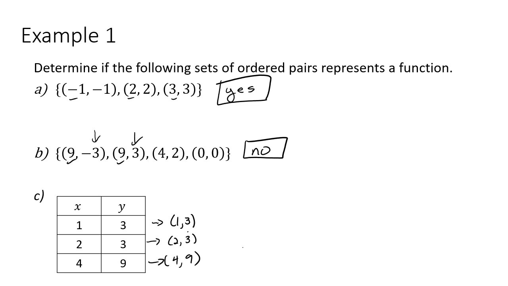And you'll notice that the 3's repeat in this case, but that's fine. All we care about is, do the x's repeat with different y's? And because 1, 2, and 4 are all different, 1 has a unique output, 2 has a unique output, and 4 only goes to 1 output, yes, this does represent a function. No x value repeats with a different y value.